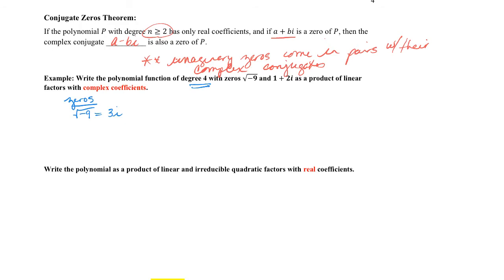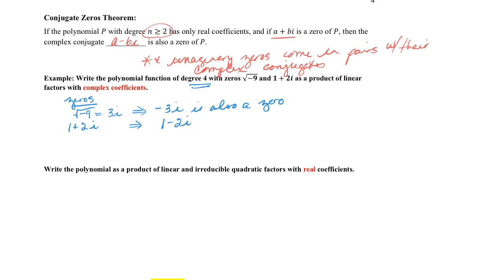Okay, so if 3i is a 0, then that means the complex conjugate, -3i, is also a 0. Okay, and then the other one they gave me was 1 + 2i. And so what that means is that if 1 + 2i is a 0, then 1 - 2i, the complex conjugate, is also a 0.